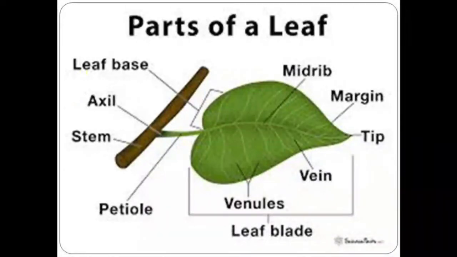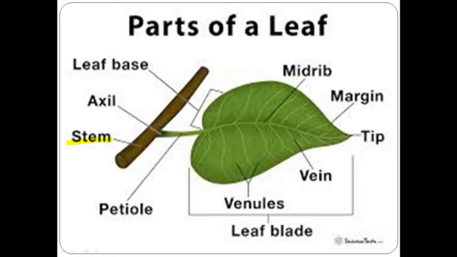Leaves are developed from the node of the stem, and the place of attachment of node to leaf we call the leaf base. Afterwards there is a small appendage-like structure called the petiole, and the petiole extends into the leaf up to the tip, which we call the midrib.